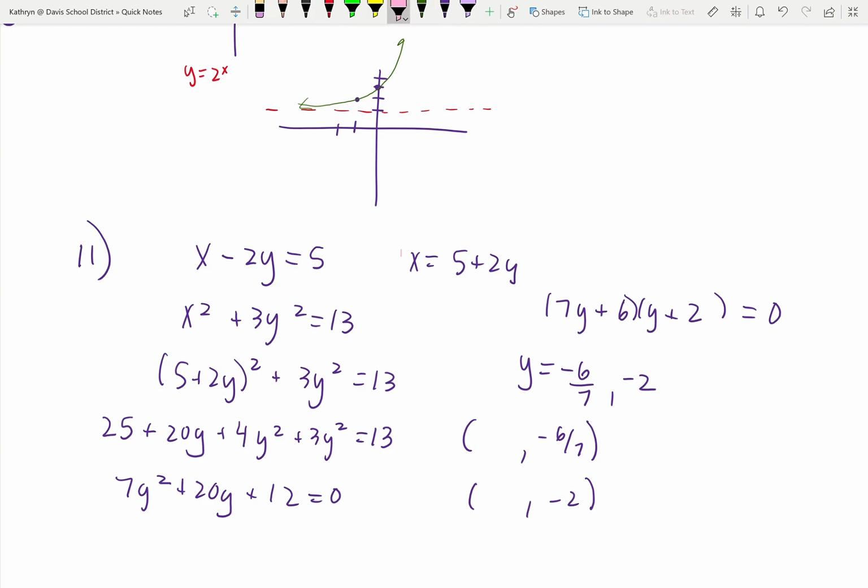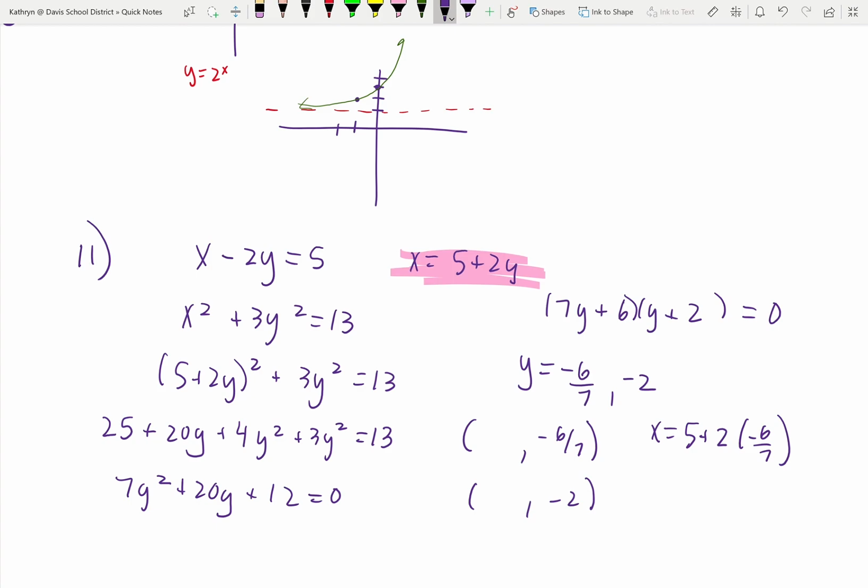The nice thing about substitution when you're forced to do it is the last step is easy. So it's x equals 5 plus 2 times negative 6 over 7. Okay, grab your calculator and go 5 plus 2 parenthesis, negative 6 divided by 7, close it, hit enter, and it gives you a fraction or a decimal.